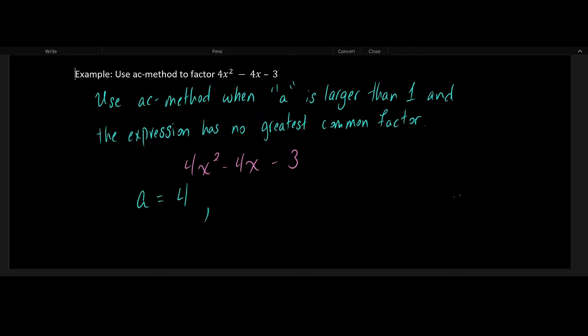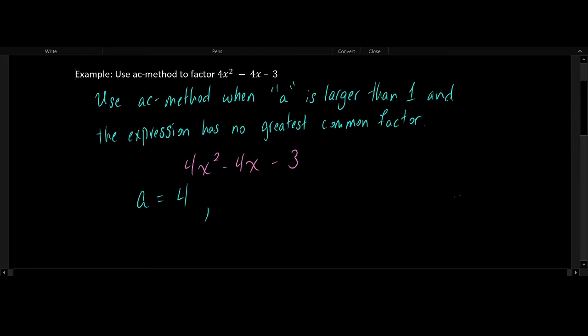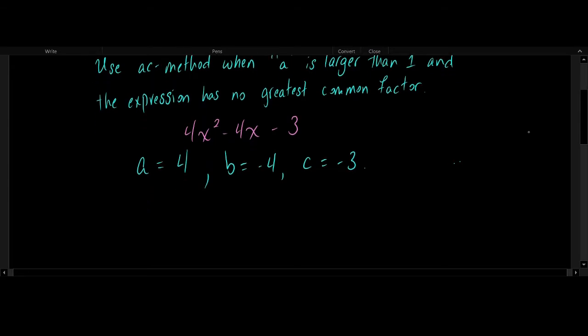Now while I'm here, let's write down the values of B and C for this expression. B is what we call the coefficient of x, so the number negative 4, and C is what we call the constant, so that number negative 3. Okay, now AC method consists of about 4 steps.